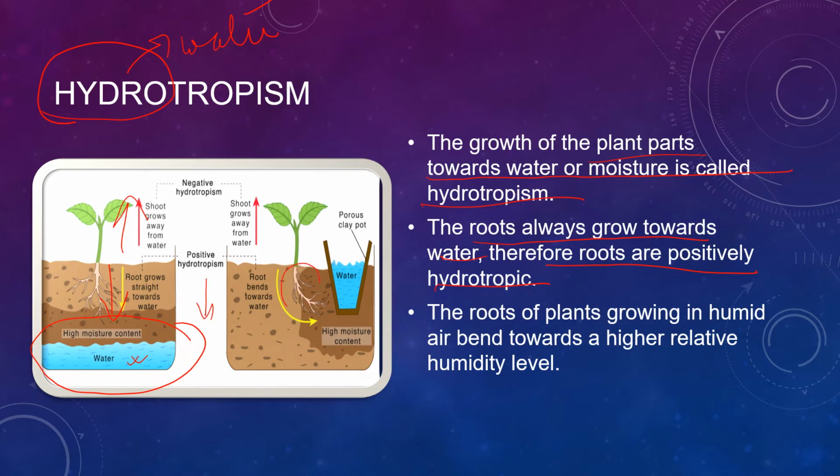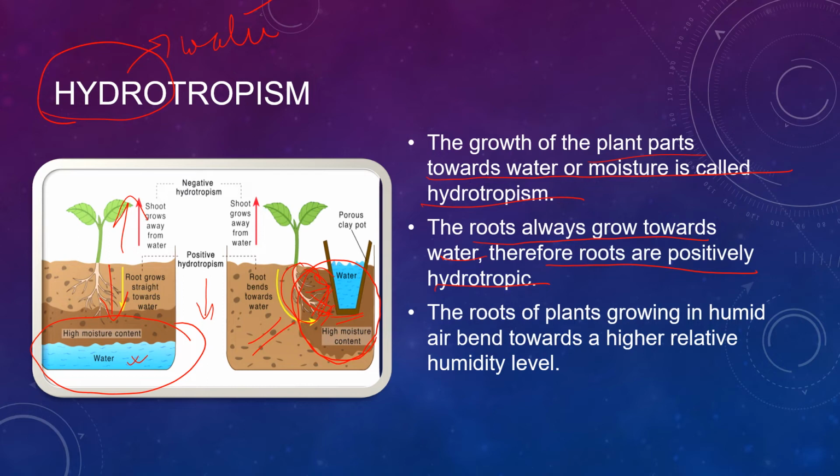Here also you can see that a porous pot is placed near the plant, and the moisture content of this soil is more than this soil part. So the root will move to this part, because roots are always positively hydrotropic.